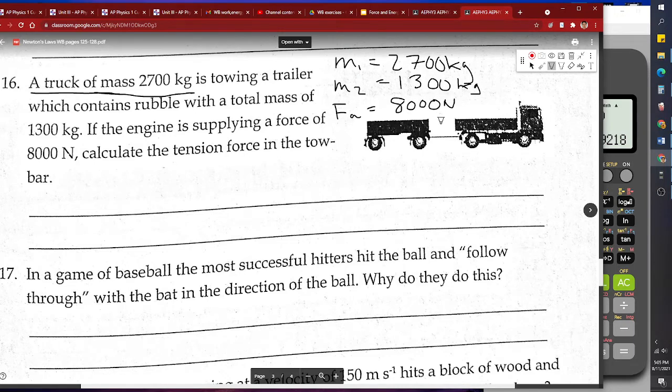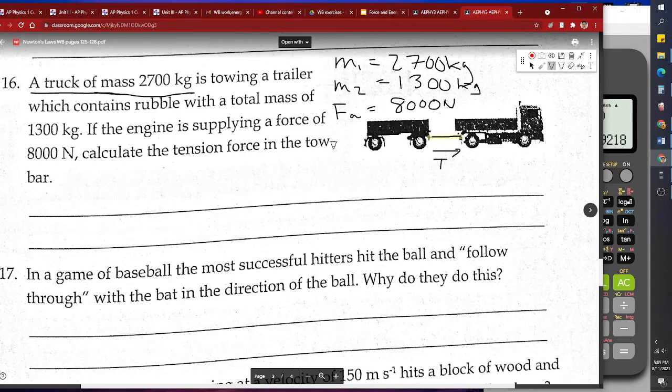Calculate the tension in the tow bar. So here is our tow bar, that part right here, and it's going to pull this way. So that's the tension force.